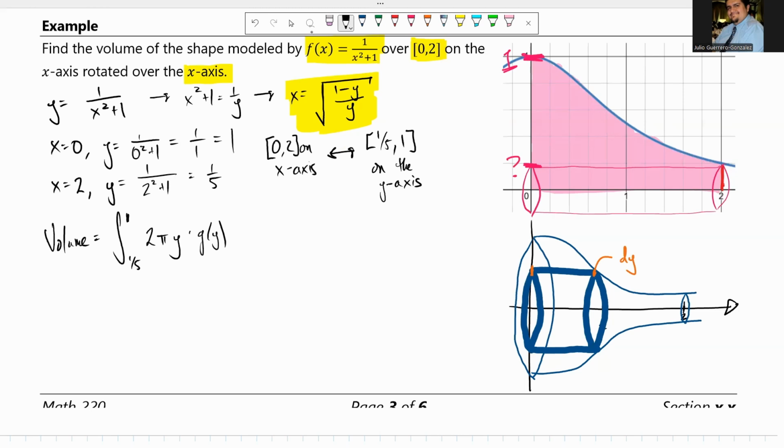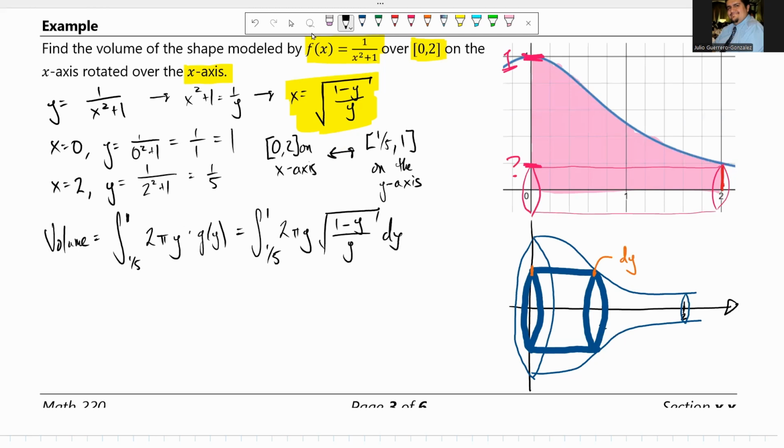And that's going to be the integral from 1/5 to 1 of 2 pi y times that newfangled square root that we have up there, the square root of (1 minus y) all over y, dy.